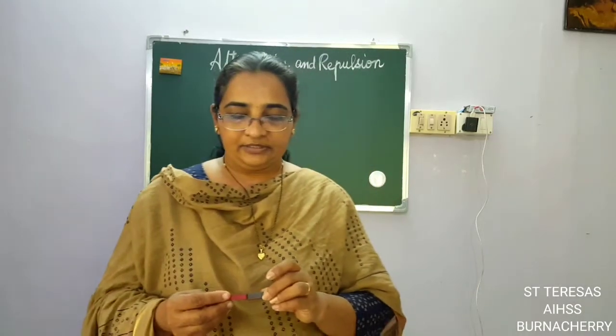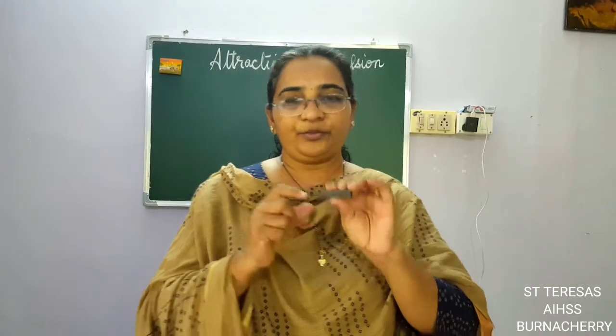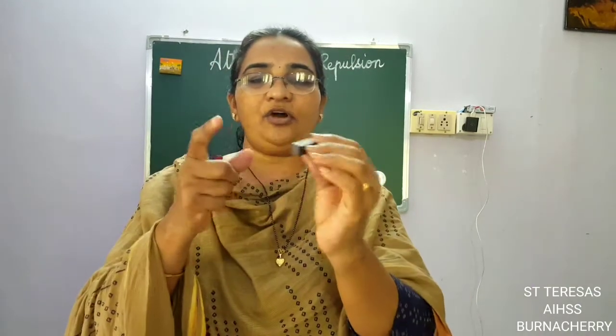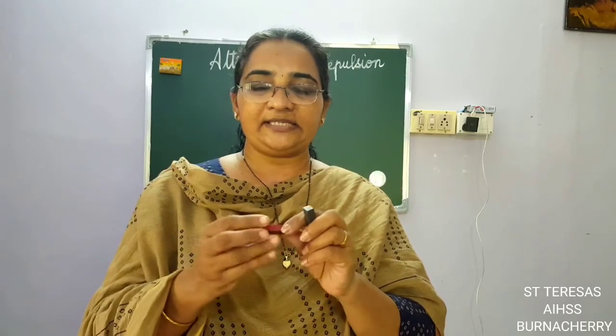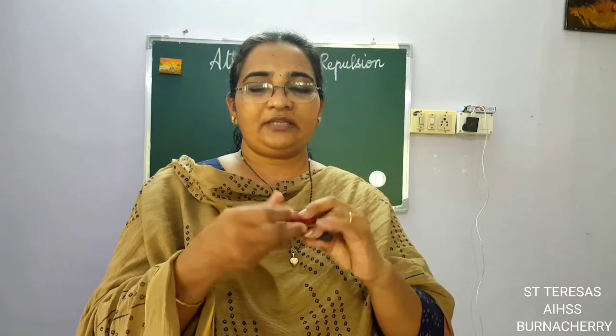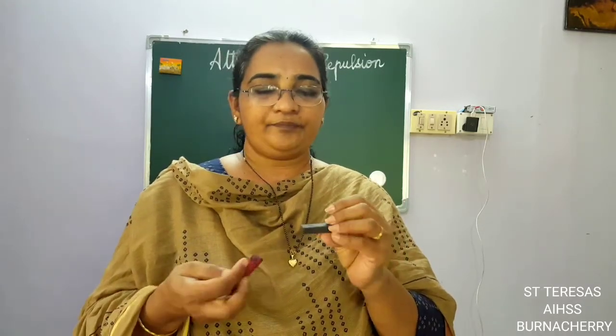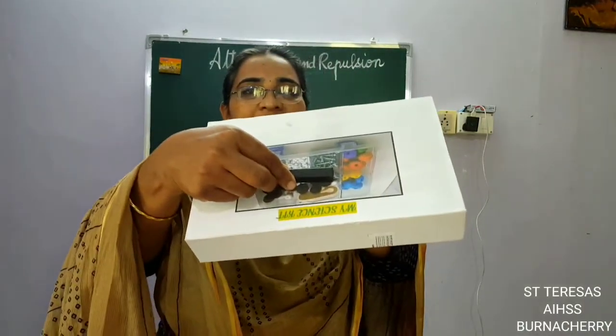So I have two magnets here. I hope you can see. This is the north and this is the south of this magnet, and again this is the north and this is the south of this magnet. Now I'm keeping this magnet on the box, with the north and the south like this.